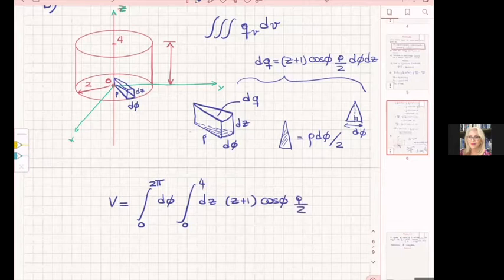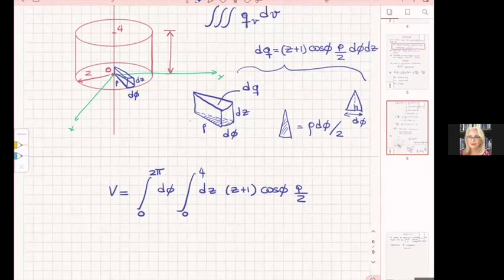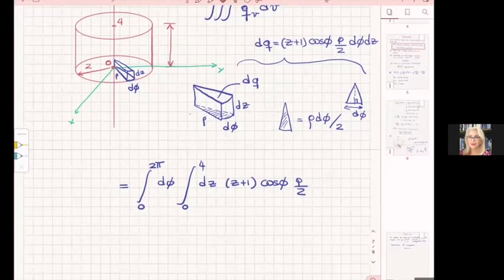Okay, so that's what I have to do. Find, excuse me, not the volume, the total charge in the volume. Q total.